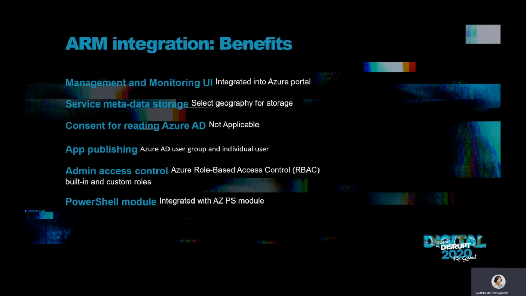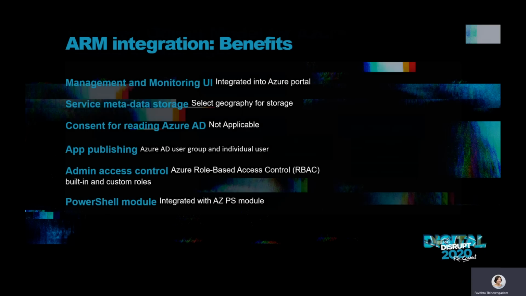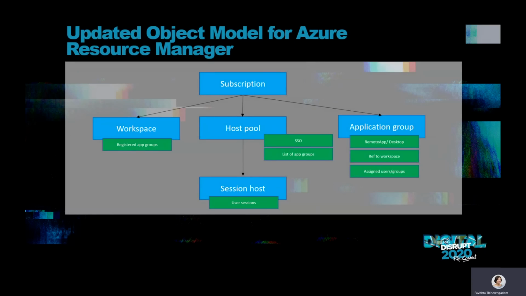And lastly, the Windows Virtual Desktop PowerShell is completely integrated into the Azure Portal module. Since we made the change to the Azure Resource Manager framework, we also had to update the object model that we initially went GA with. So now this is the updated object model to fit the Azure Resource Manager framework.